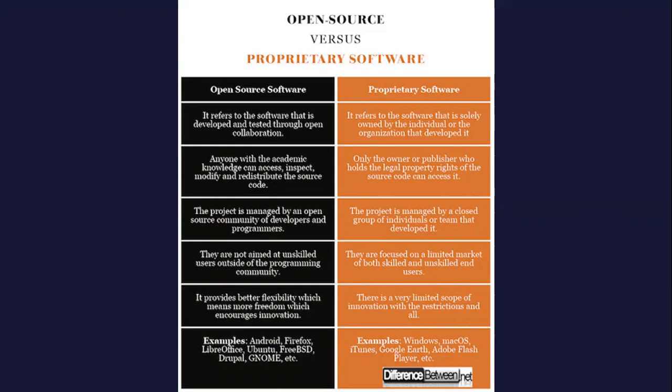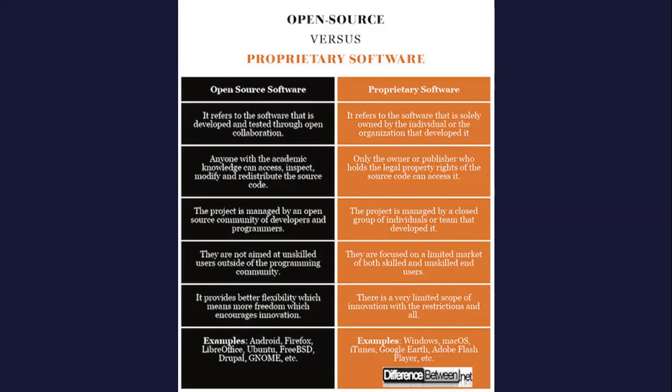The project is managed by an open source community of developers and programmers. They are not aimed at unskilled users outside of the programming community. It provides better flexibility, which means more freedom, which encourages innovation. Some examples are Android, Firefox, LibreOffice, Ubuntu, FreeBSD, Drupal, and GNOME.